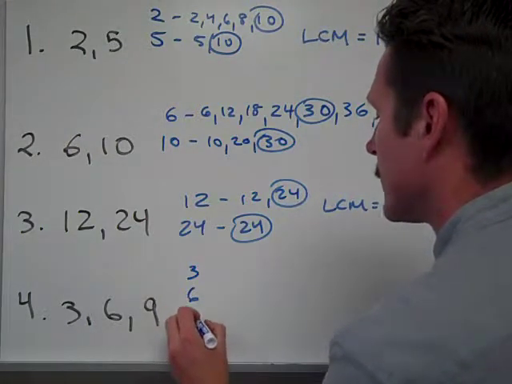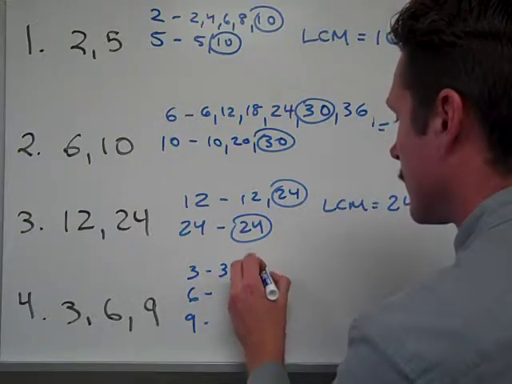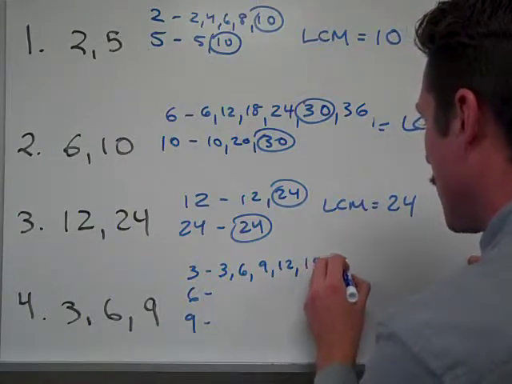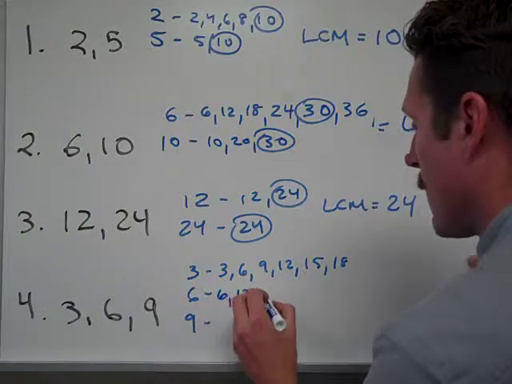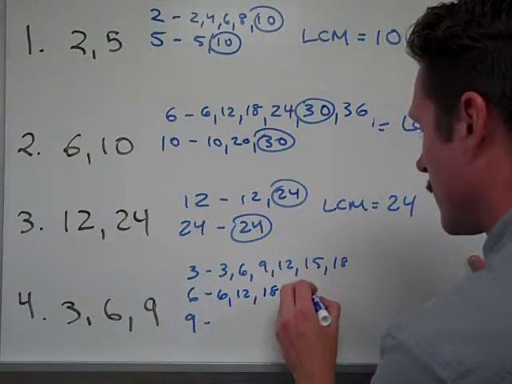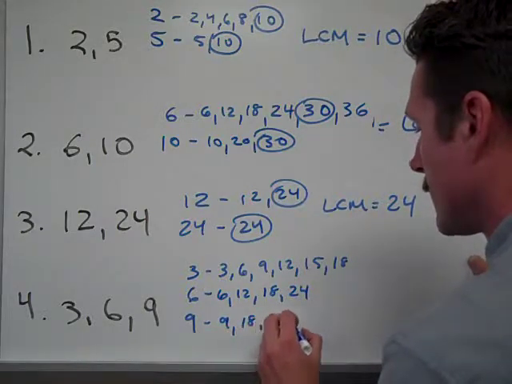3, 6, 9, 12, 15, 18. 6, 12, 18, 24. 9, 18, 27.